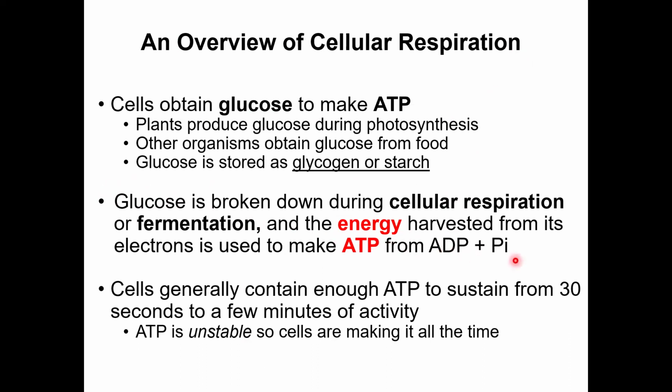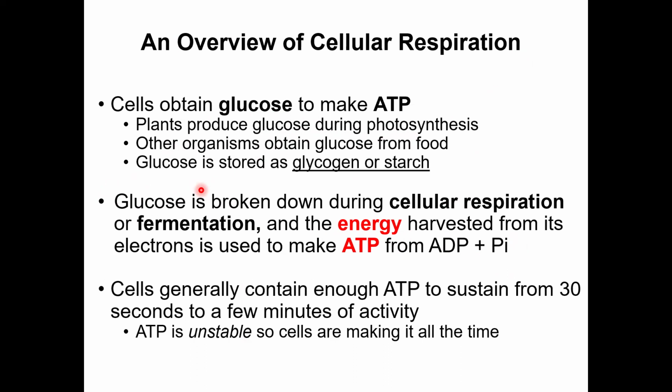ADP and the inorganic phosphate group. So plants do this through photosynthesis. We'll talk about that in the next video. Many other organisms obtain glucose from food, and the glucose is further stored as glycogen or starch.